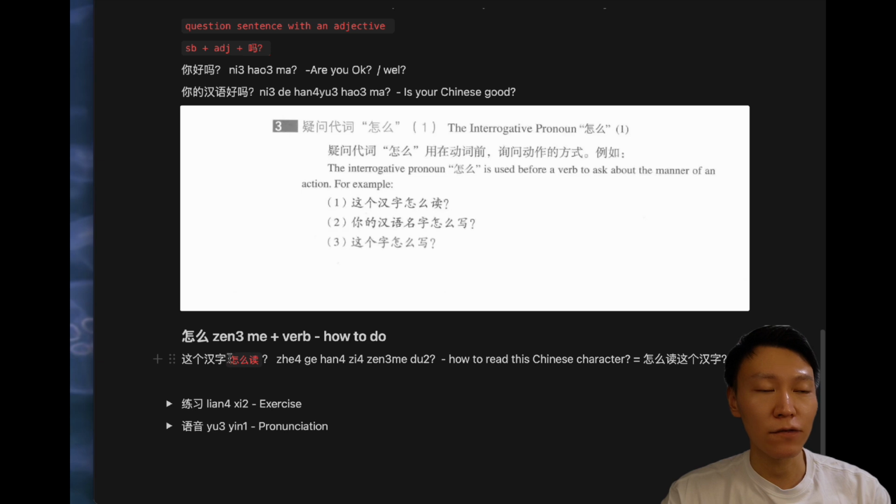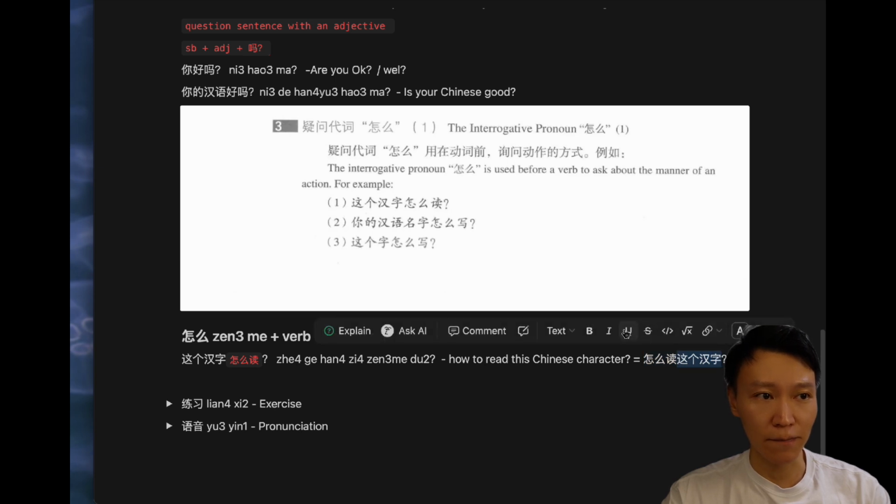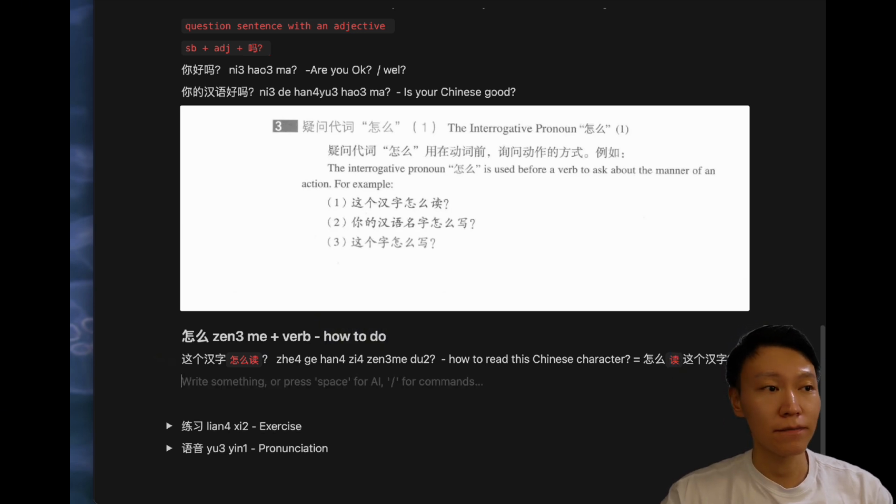But in Chinese, if we want to emphasize the object, we can move the object to the beginning of the sentence. That is why you can see such a sentence here. But it's also correct to put the object 这个汉字 after the verb 读. So it's also correct.